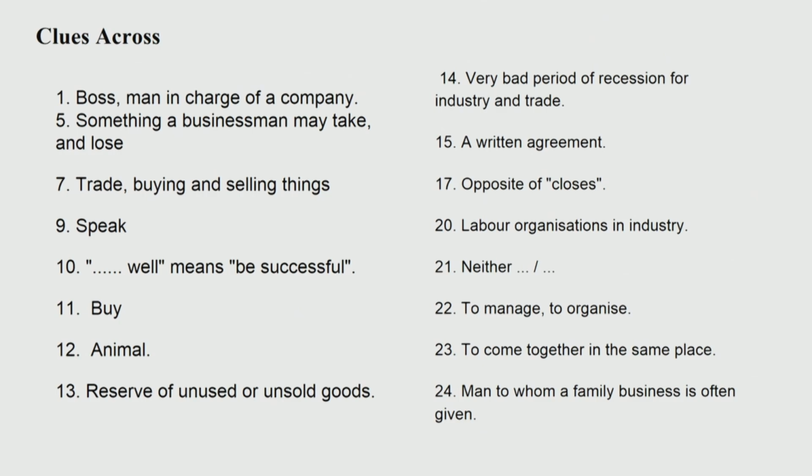Number 15, a written agreement. Number 17, opposite of clauses. Number 20, labor organizations in industry. 21, neither this or that. 22nd, to manage to organize. Number 23, to come together in the same place. 24, man to whom a family business is often given.